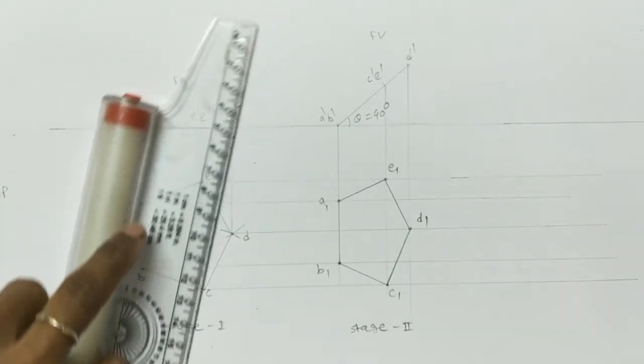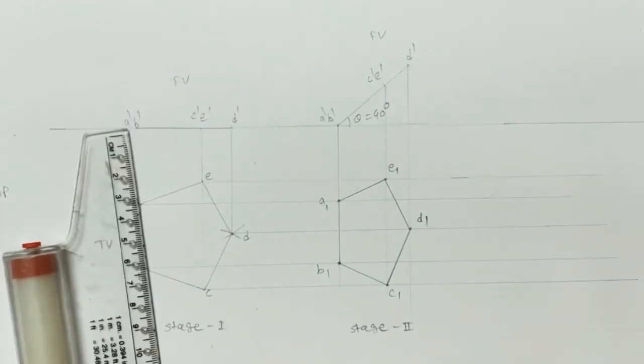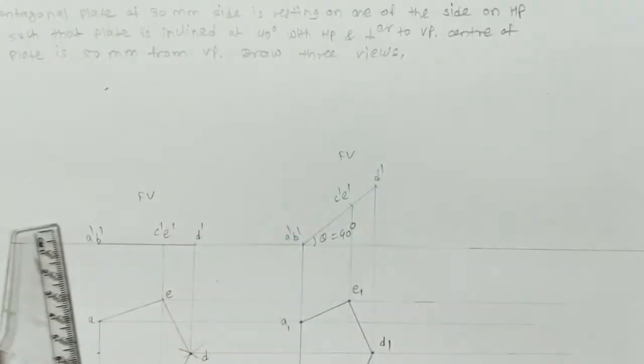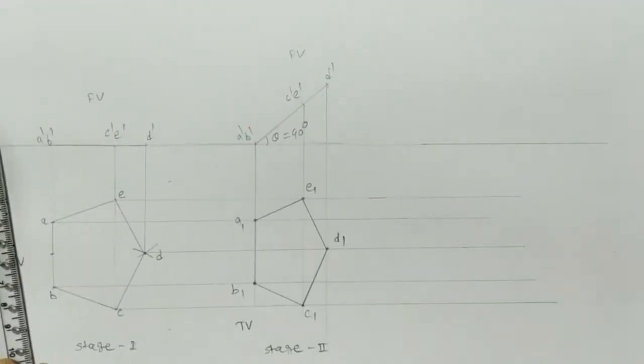So in this way we have joined all these points. So this is the top view in stage 2. Now it is given in the question that we have to draw 3 views, that is front view, top view and side view.